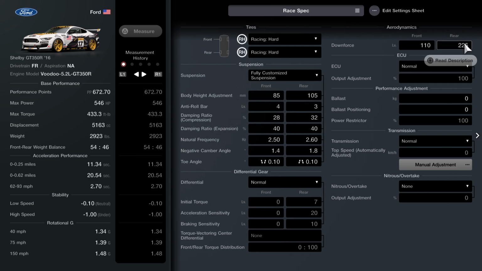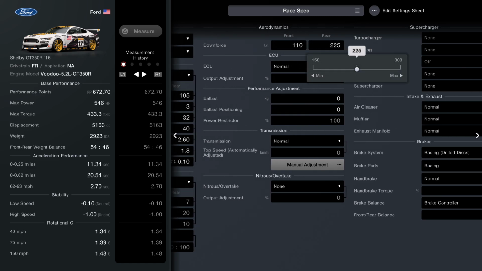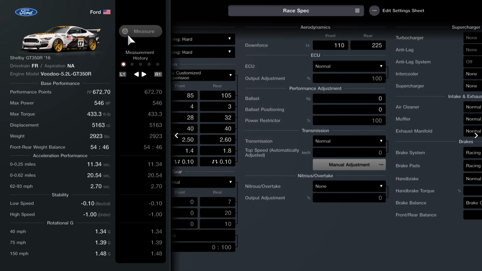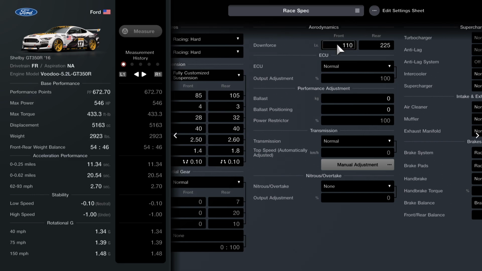Okay, so downforce. Before we even talk about how to tune this, you need to understand one thing. The surface area of the rear wing is much bigger than the front splitter. The downforce from the front is coming from the splitter, and then obviously the rear is from the rear wing.